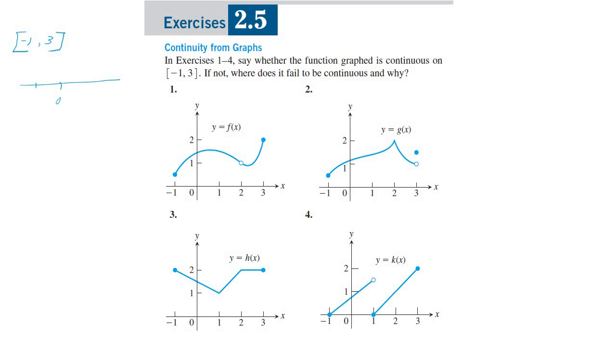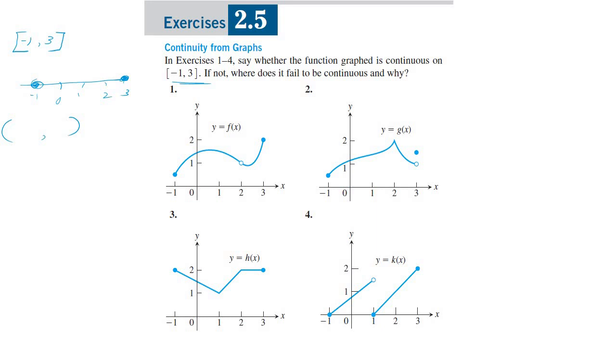So since this is closed, we need to check all points including -1 and 3 to satisfy this condition.